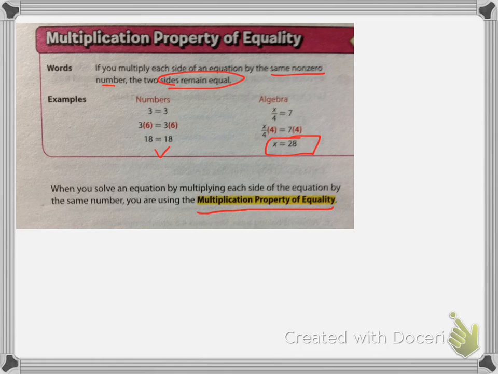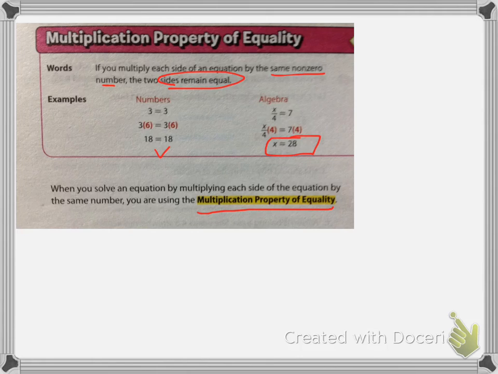So you don't want to be confused when you look at your vocabulary tests. You don't want to be confused and think, okay, because this is a division problem, this is the division property of equality. It's not. This is the multiplication property of equality because it's what you're doing to it.